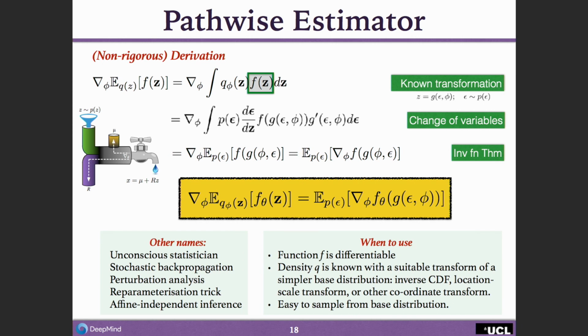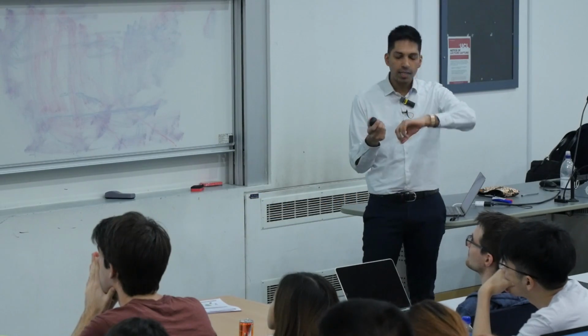It can be the inverse CDF, which is how you'll derive the most generic form of this reparameterization trick. It can be a location-scale transform like this function here for the Gaussian, or it can be any other kind of coordinate transform that you have. And then you want to make sure that this base distribution p epsilon is actually something simple and easy to sample from.